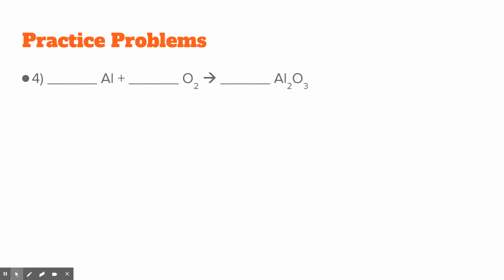In our next example, we have aluminum and oxygen coming together to form aluminum oxide. My two elements are aluminum and oxygen on both sides. Go ahead and count. Okay.